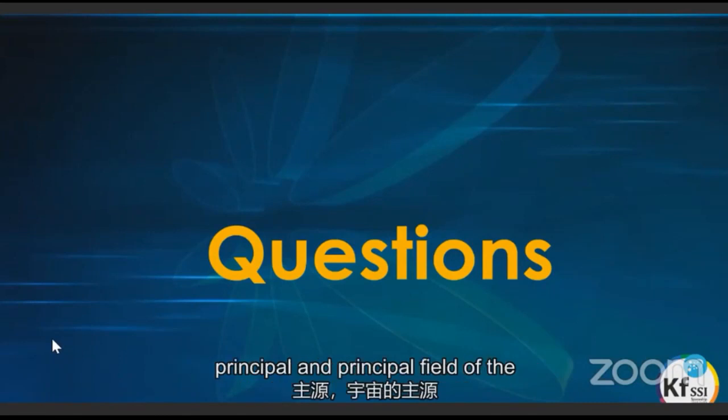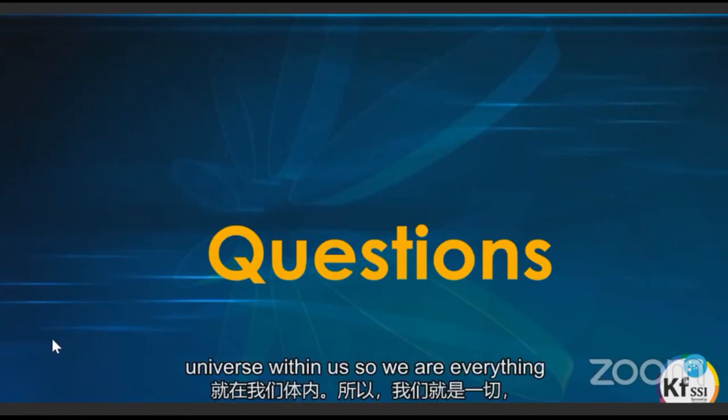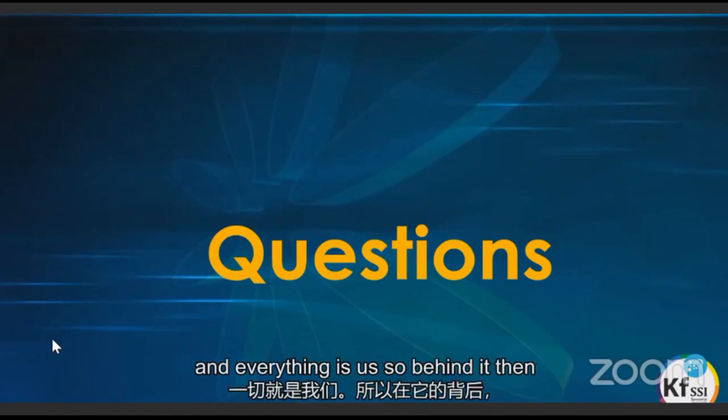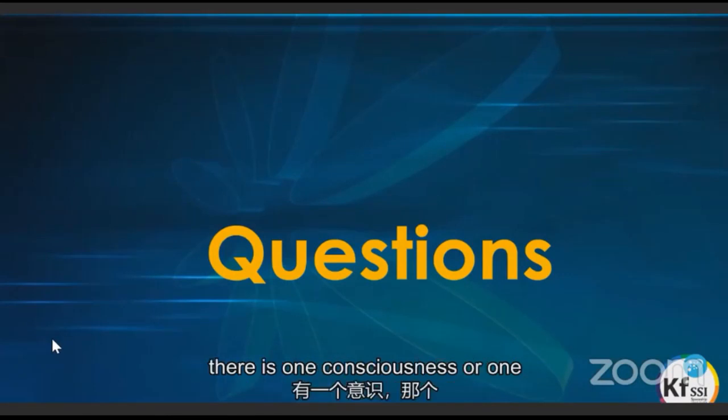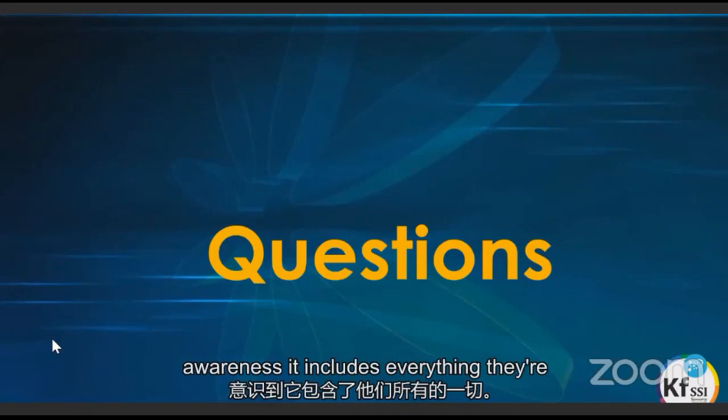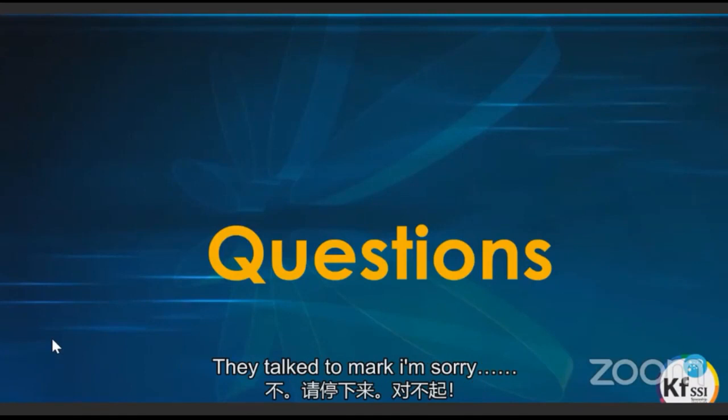Because we all have a principal field of the universe within us. So we are everything, and everything is us. So behind it, then, there's one consciousness or one awareness that includes everything. That I cannot answer.